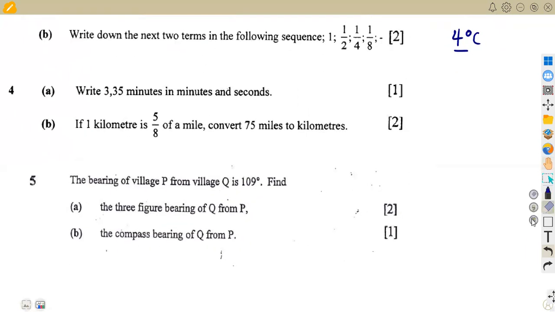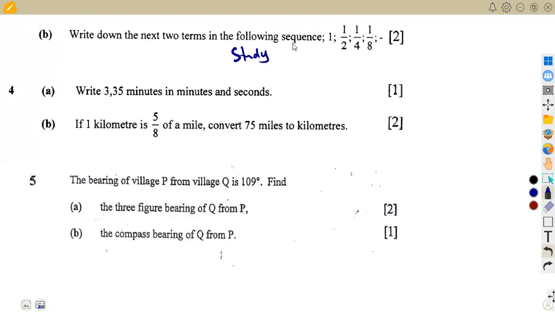On the B part, the sequence there, the number of terms, sequence, and application of a series and so forth. Write down the next 2 terms in the following sequence. So we are given a sequence. If you are dealing with a sequence, you study what is happening there. You study the layout of numbers.